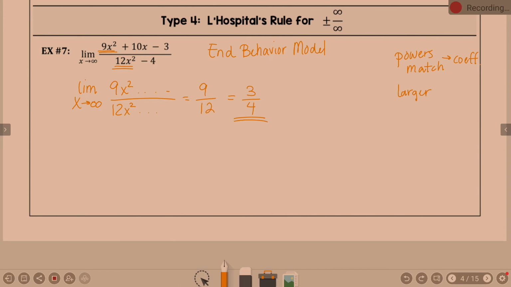If the larger power is in the denominator, do you guys remember what happens there? Larger power in the denominator. Our horizontal asymptote was y equals 0. And then, this doesn't really work here, but if the larger power is in the numerator, at the time we said no horizontal asymptotes.